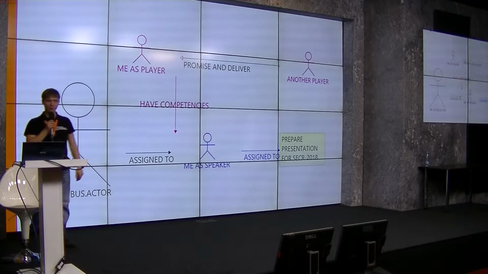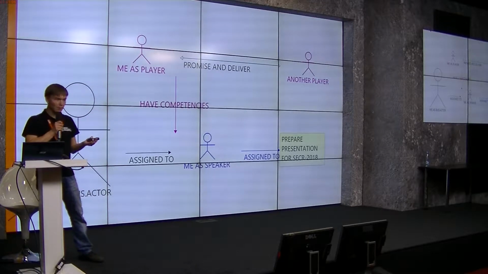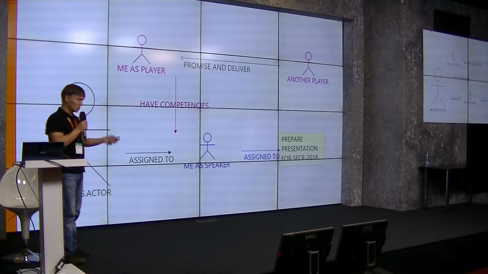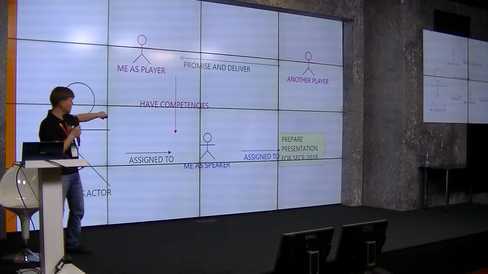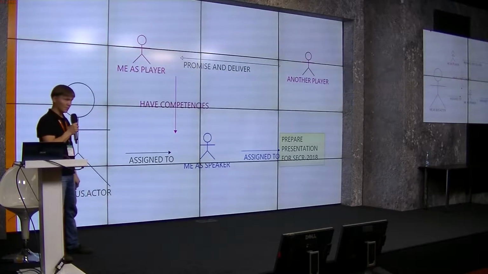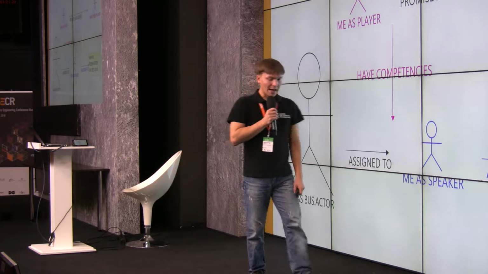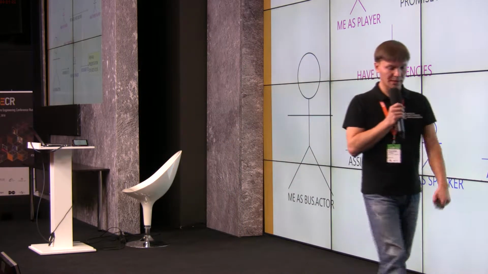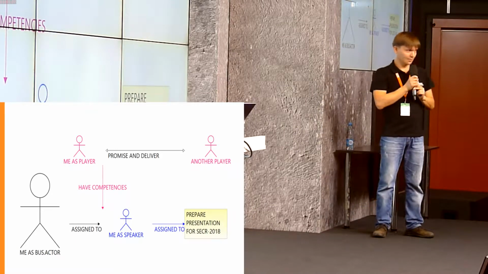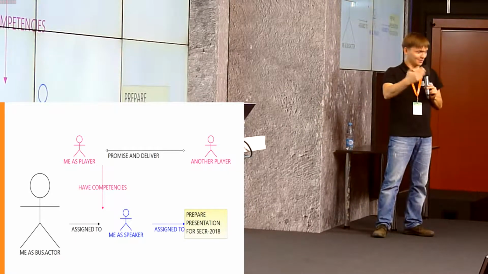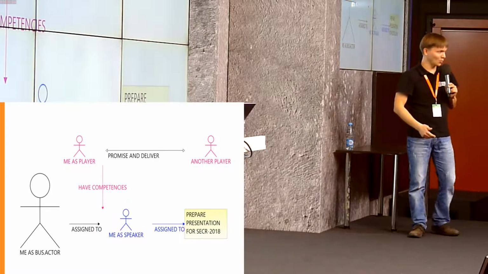So when we talk about people behaving poorly, then we should point out exactly who is performing poorly: business actor, speaker, or player. I give you a metaphor. I know a girl who complained that her new car had broken. She just ran out of gas. And she asked her husband to replace that car because it doesn't ride anymore.